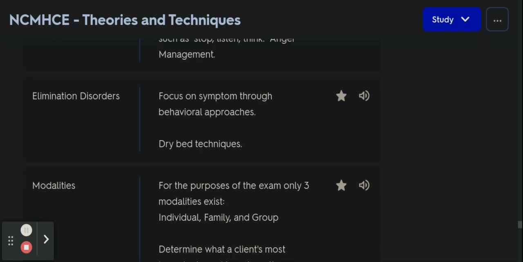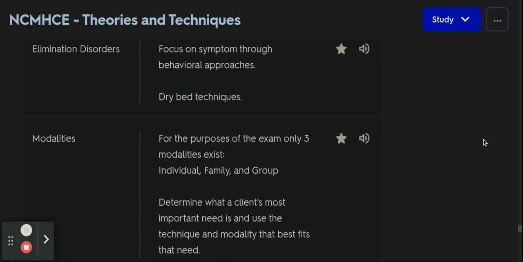Elimination disorders focus on symptoms through behavioral approaches, such as dry bed techniques.